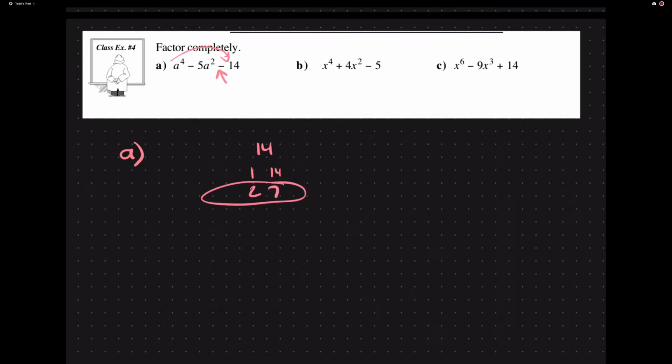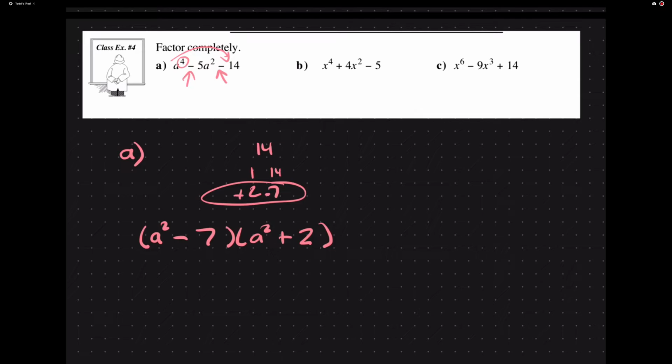And the larger number, which is the 7, is going to be negative, indicated by that negative sign, and the other one will be positive. So when I break these up into two binomials, because of this 4 here, that has to be a squared and a squared. Again, the signs are different, so negative and positive, and the 7 went with the negative, and the 2 went with the positive.